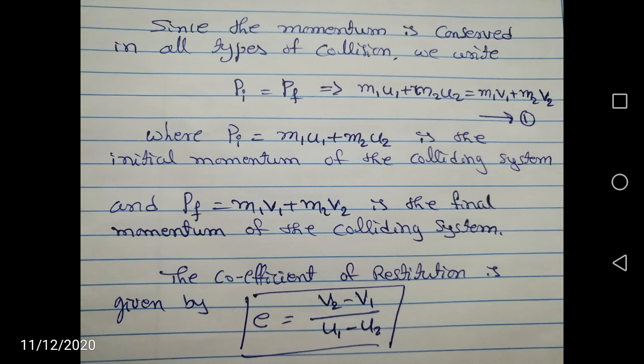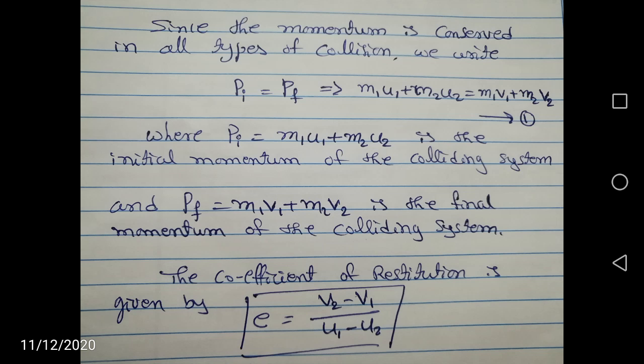Since momentum is conserved in all types of collisions, we write the initial momentum of the colliding system equal to the final momentum of the system, that is Pi equal to Pf. Here Pi equals m1u1 plus m2u2 and Pf equals m1v1 plus m2v2, which is the final momentum of the colliding system.